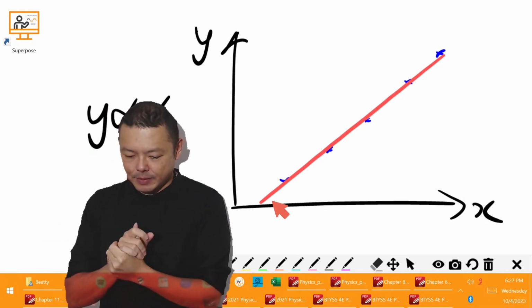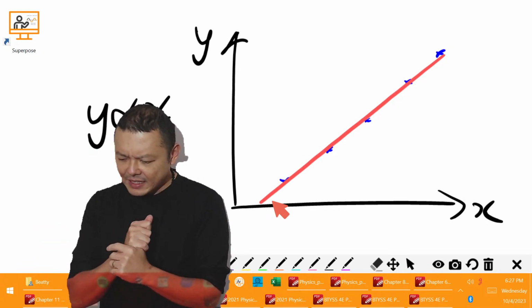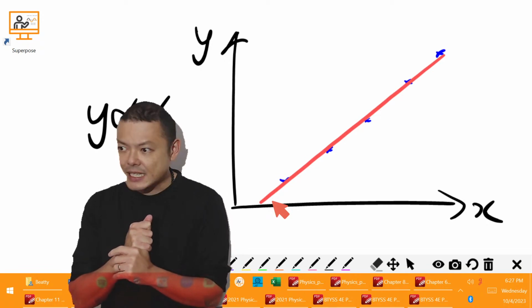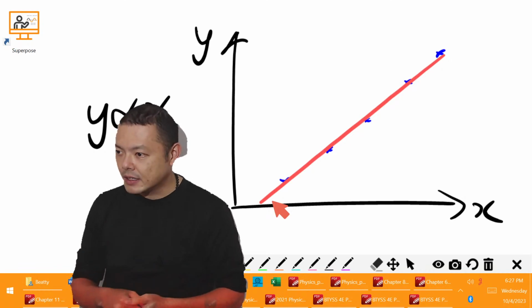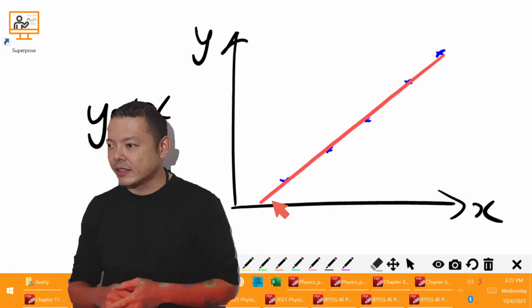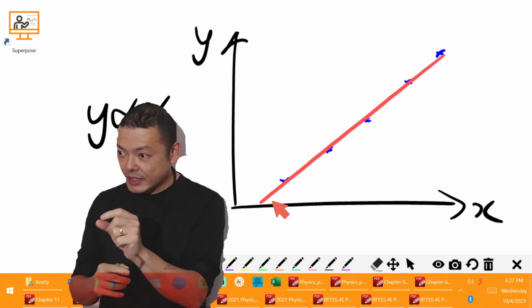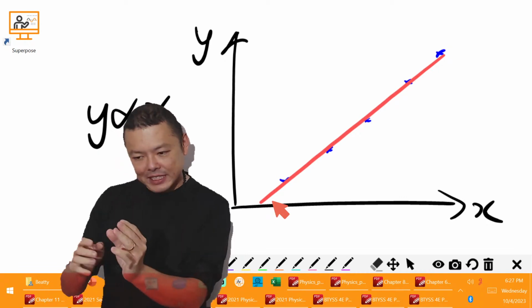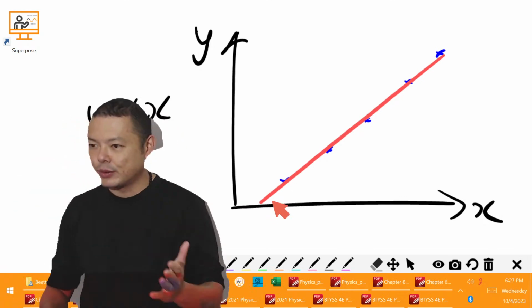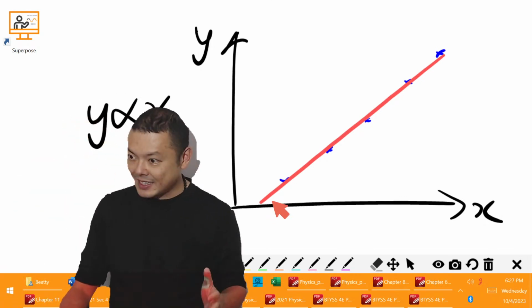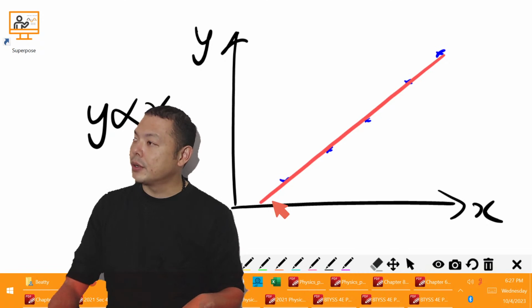So that's random. Then the next thing you need to understand is that systematic error is a fixed amount of error, like zero error. Zero errors are fixed errors. Zero errors can be eliminated because you just need to know how much the zero error is, and you minus it off. That's eliminating the whole zero error. You understand this?